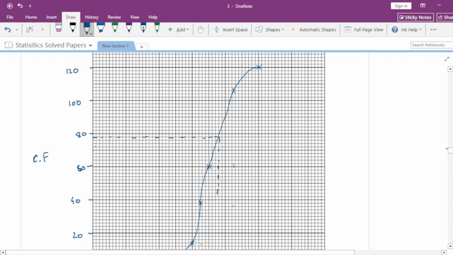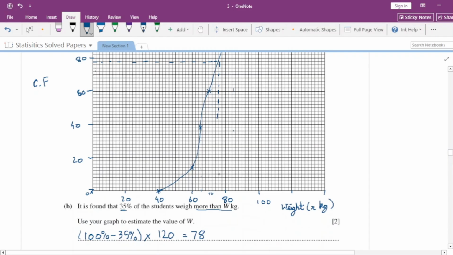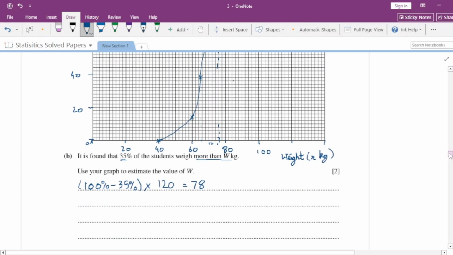It would be over here, somewhere down here, and that would be 70, 72, 74, and around basically 72, 74, 76. So your value of W would be 76.